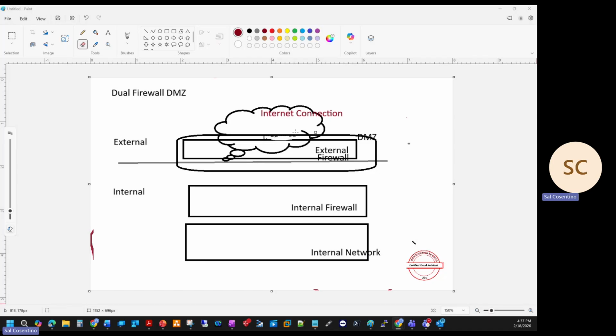If I were to expand on what I just said, imagine your company network is like a big castle.